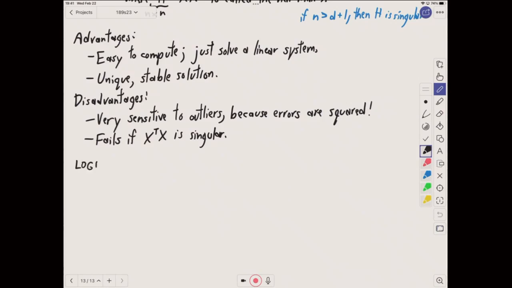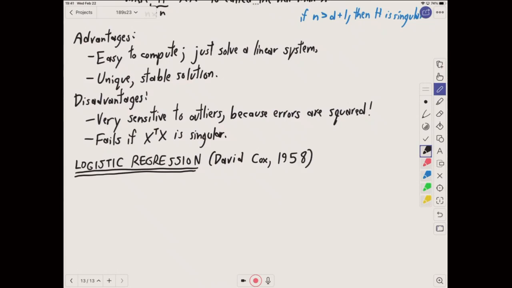All right, so now that we've done least squares linear regression, let's move on and learn a little bit more about logistic regression, which is a very young algorithm by comparison. It was invented just as recently as 1958, by somebody named David Cox.